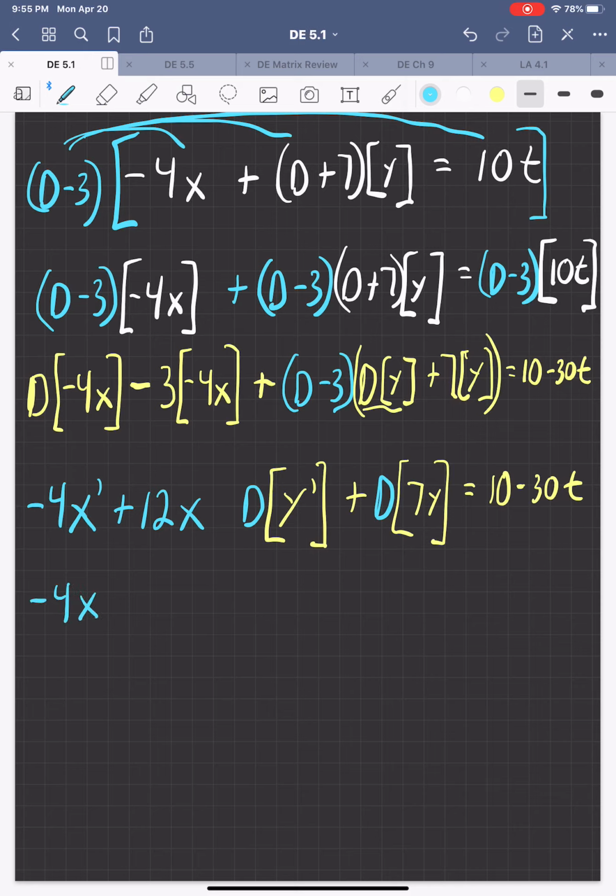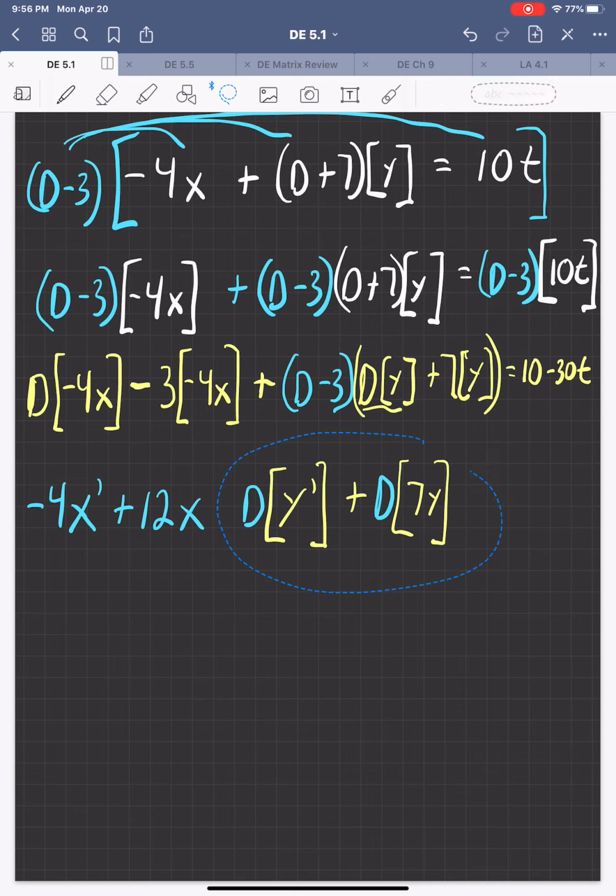So that's negative 4x prime plus 12x. Now, the derivative of y prime is going to be y double prime. And, okay, give me 1 second here. I forgot my -3, didn't I? So let me erase now and correct this before I go any farther here.